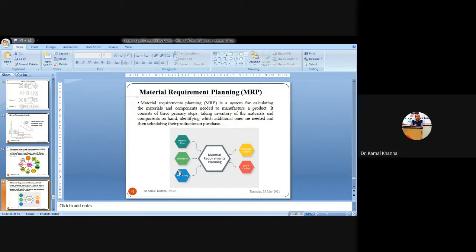It also administers the various policies and the scheduling of the purchase orders as well as the work orders that are required from the customer side. So it is monitoring the purchase orders and the work orders.